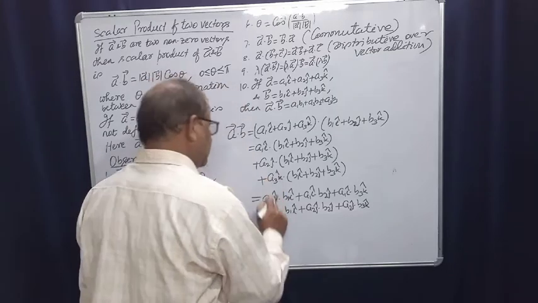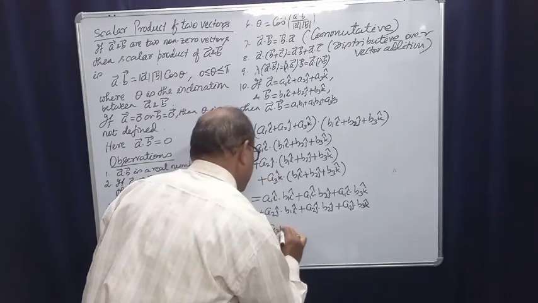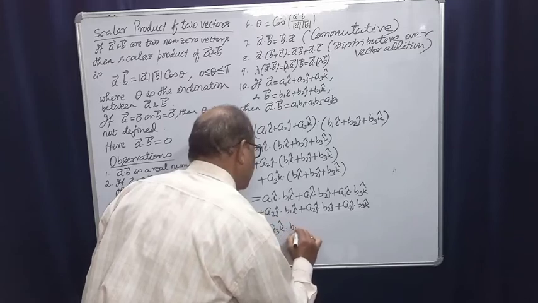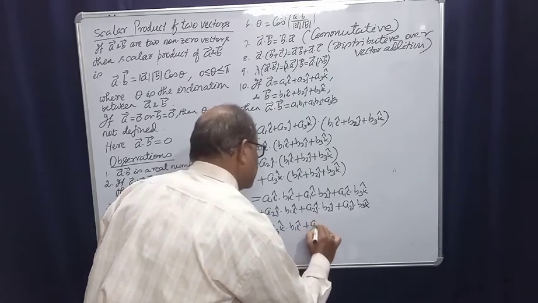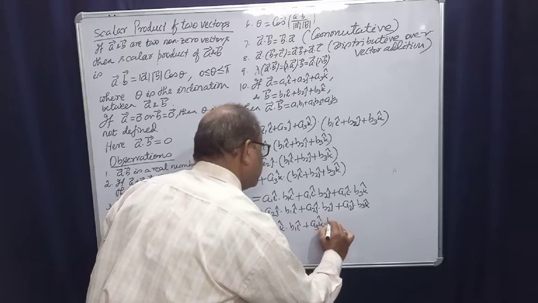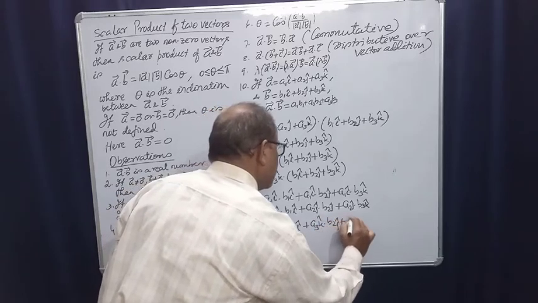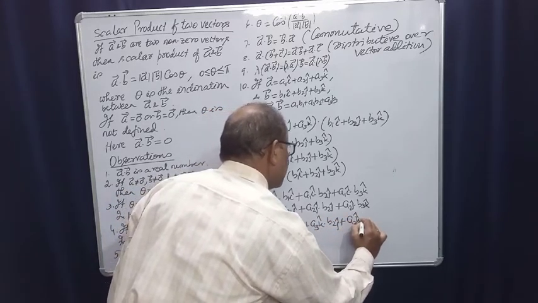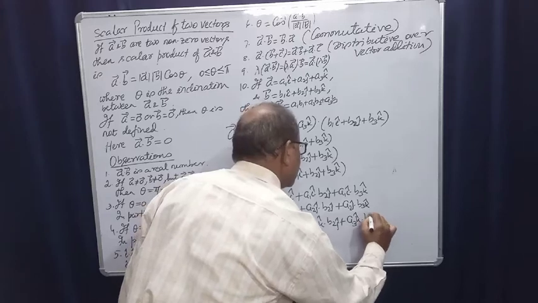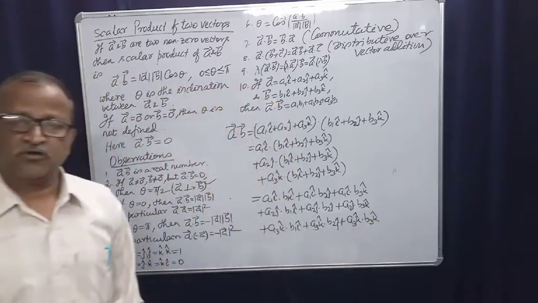Plus A3 K cap dot B1 I cap plus A3 K cap dot B2 J cap plus A3 K cap dot B3 K cap. Okay.